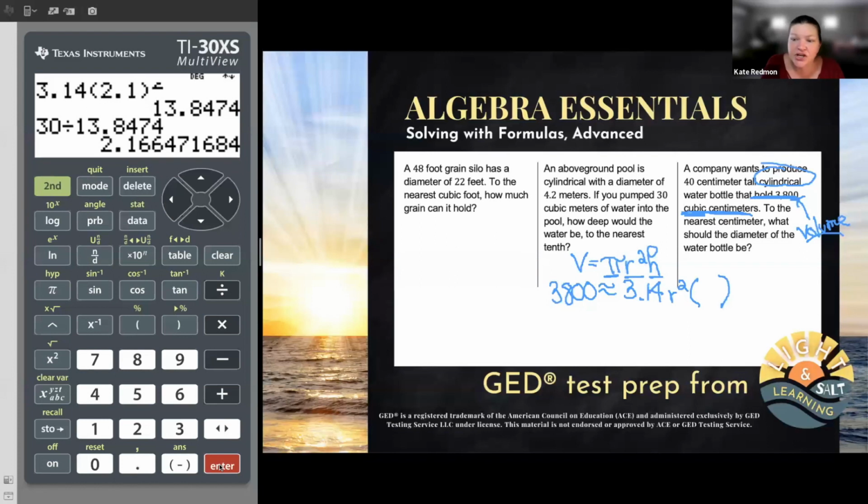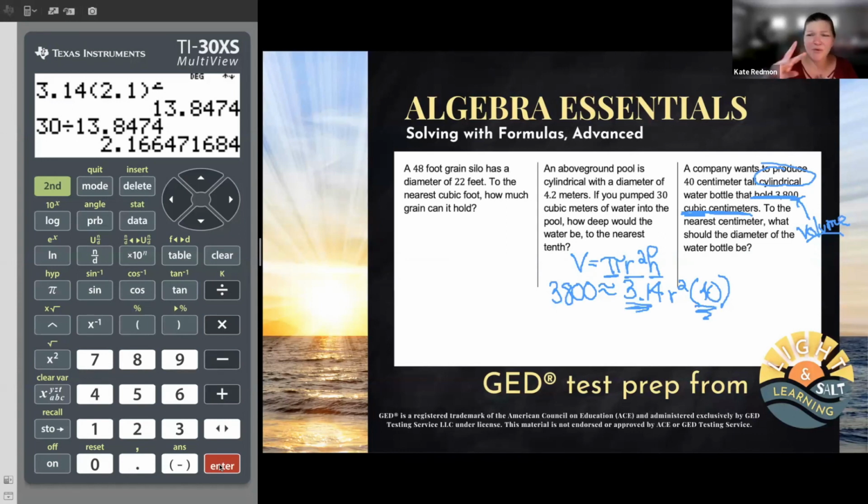So h, the height, it is a 40 centimeter tall water bottle. And so the height is how tall it is. It is 40 centimeters tall. Now this sucker looks a little tricky with the number on one side of the r squared and the other side of the r squared. But that key that we talked about, how all three of those things are multiplying, can save us time and effort. Now this isn't the only way to do this, okay?